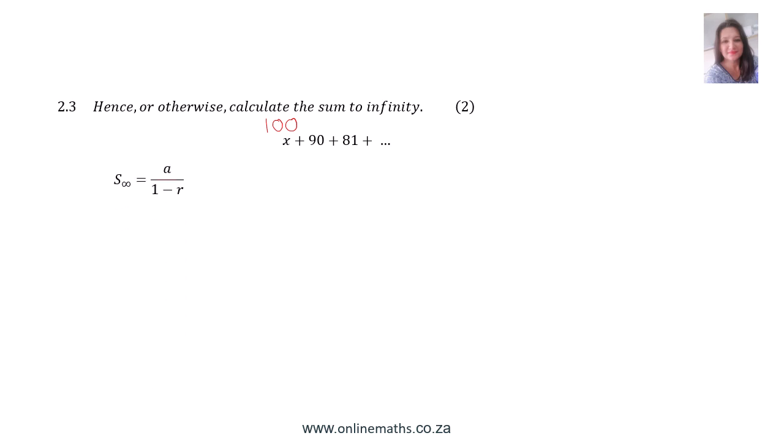The sum to infinity formula, a's value is the first one, and r, you know by now from the previous one, is 0,9. And then there's in fact your first mark for substituting into the correct formula, and then you work all of that out with your calculator and the sum to infinity is 1,000.